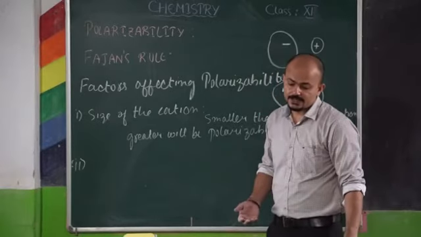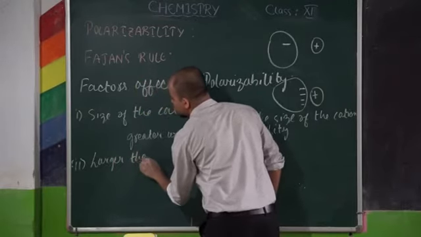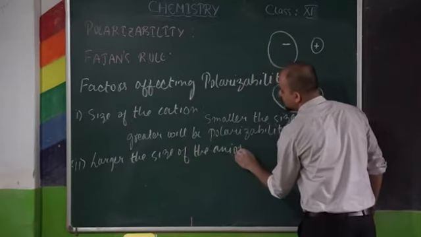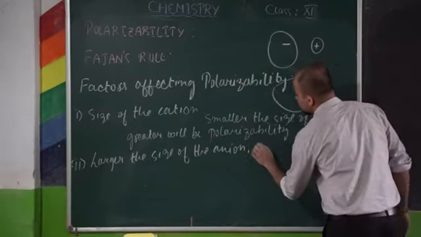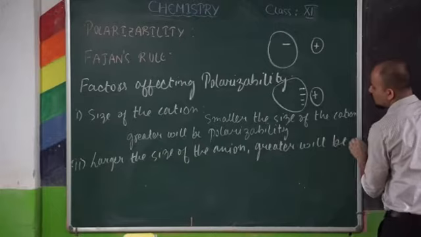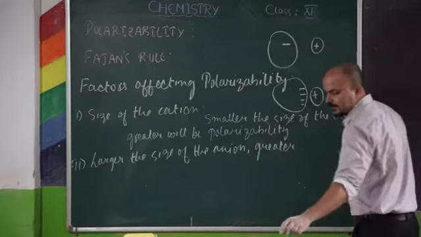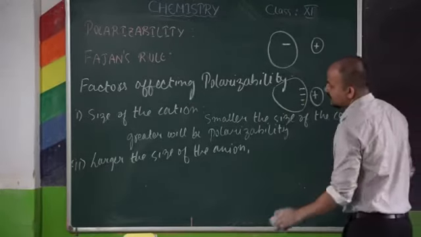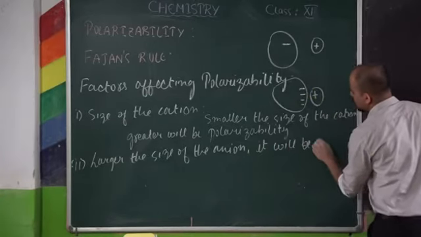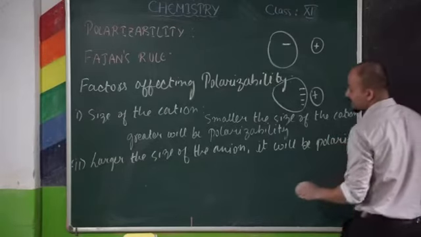So the second point is: the larger the size of the anion, the greater the extent to which it will be polarized or distorted.